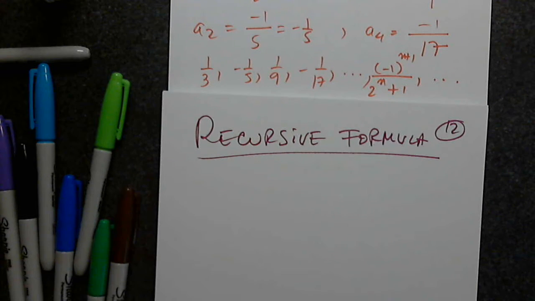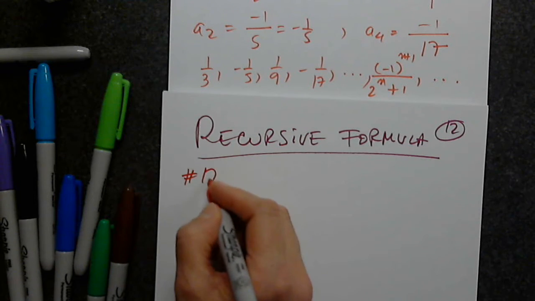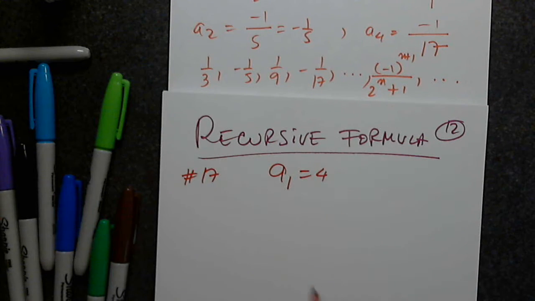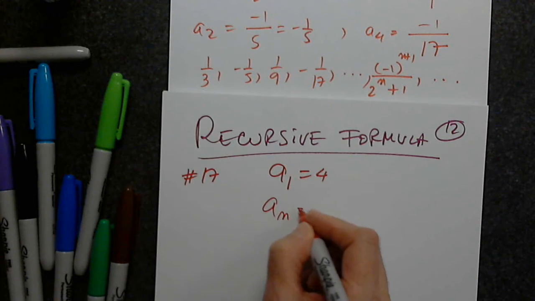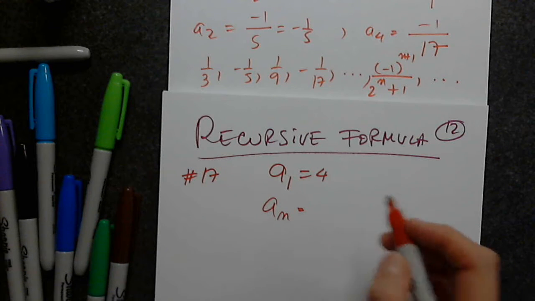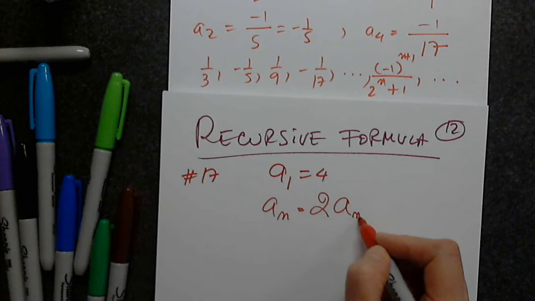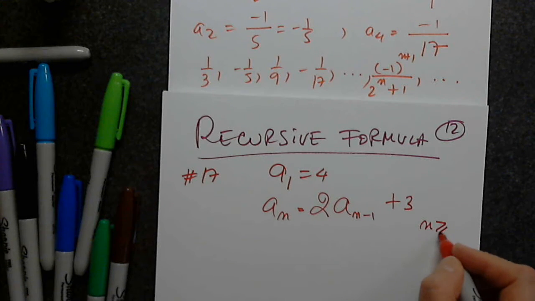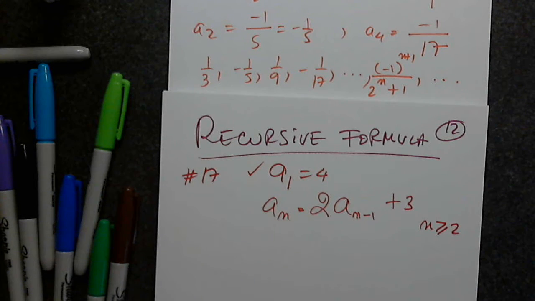So let's look at problem 17. Here's what problem 17 says. A1 is 4. What does this mean? The first term of the sequence is 4. And then they say A sub n, which is the general term, equals twice times A sub n minus 1 plus 3, of course, for n greater than or equal to 2, because I already have A1.